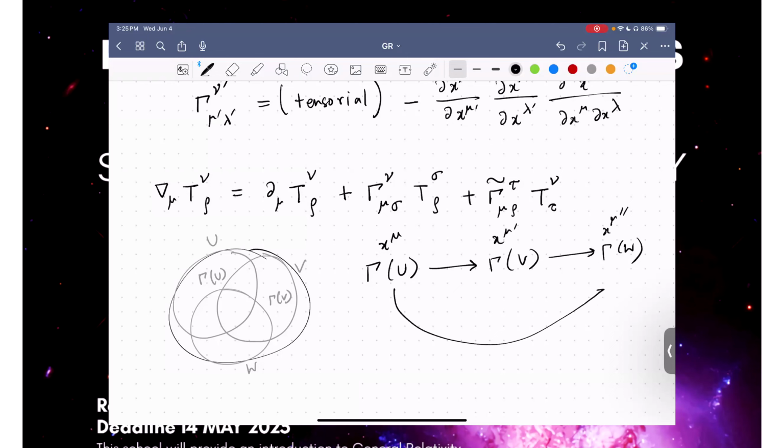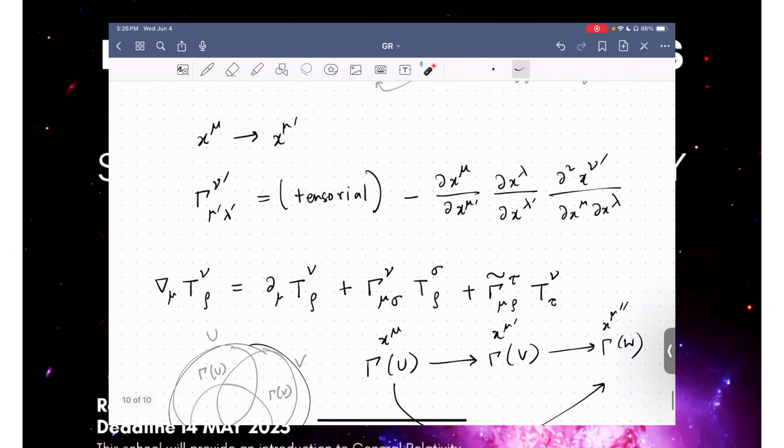But it could go directly from here to here, right? Because there's also an intersection. And you just have to make sure that these two are the same, which you can check explicitly, that coordinate transformations commute. It doesn't matter which way you do these transformations. Okay. So now we can kind of see that there are infinitely many connections.